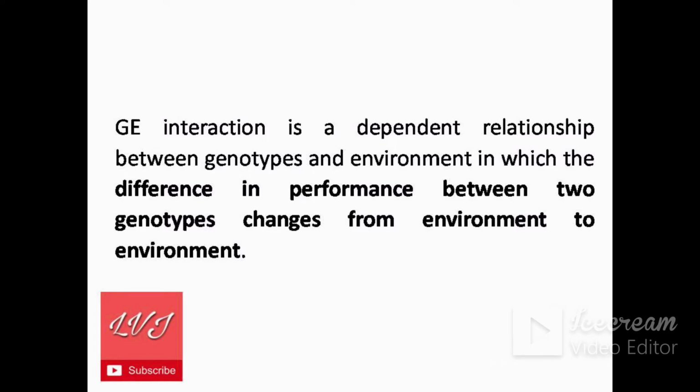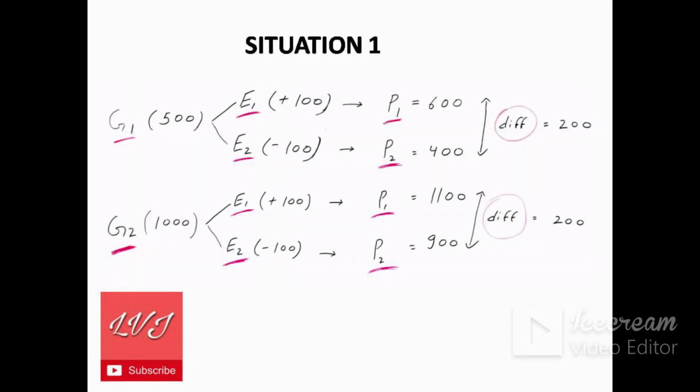On this slide it is not very clear, but in the next few slides I will discuss this definition with the help of a few examples, and I hope after that the things will be more clear. So now come to my example.